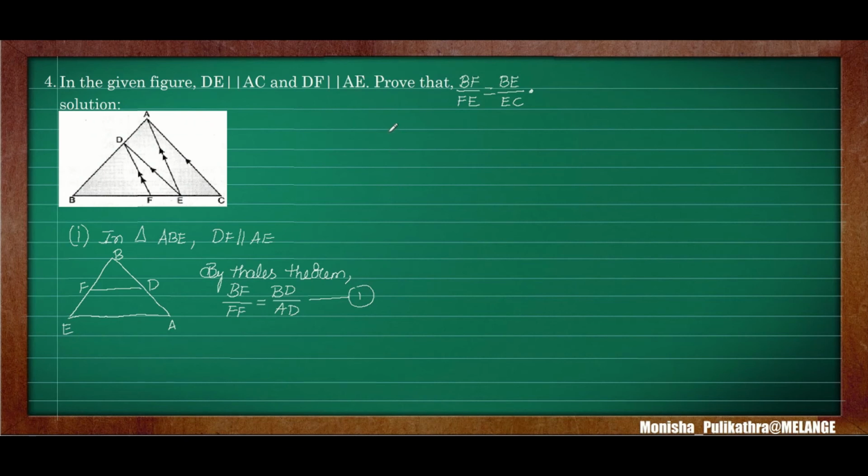So next we need to separate another triangle here. That is triangle ABC.